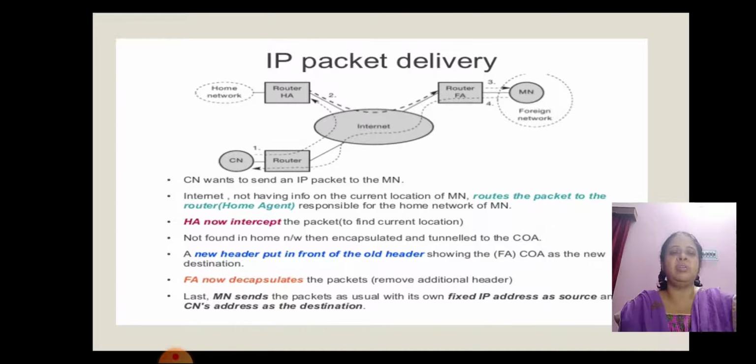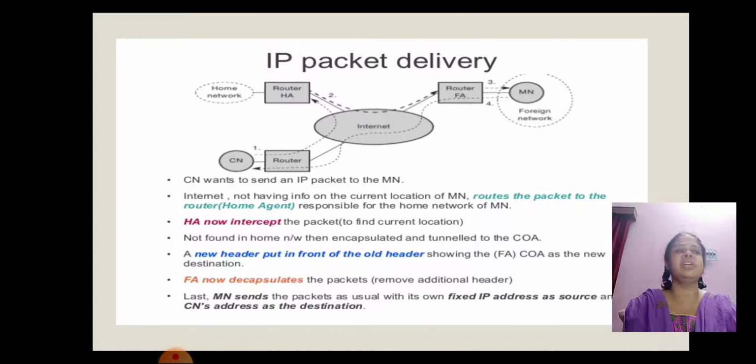Now what is the meaning of FA? FA is the foreign agent. The foreign agent can provide several services to the mobile node during its visit to the foreign network.